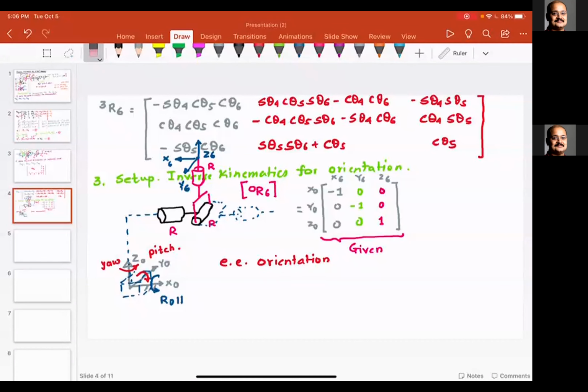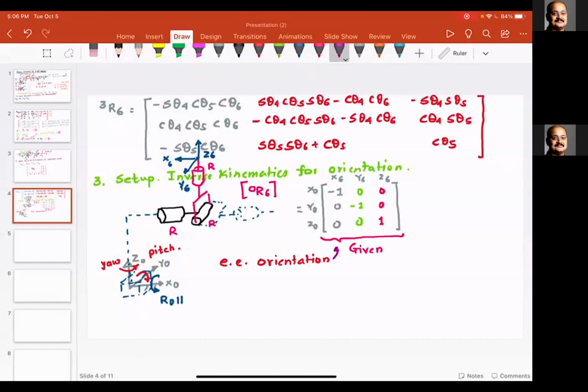So this end orientation is given in terms of this direction cosine matrix, or the rotation matrix. For the time being, this is known.